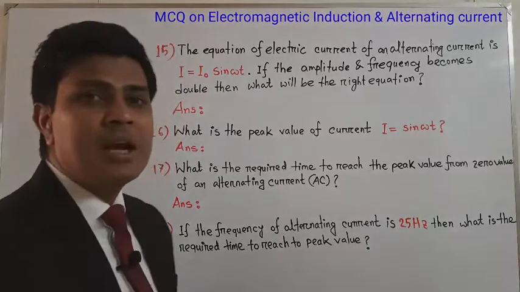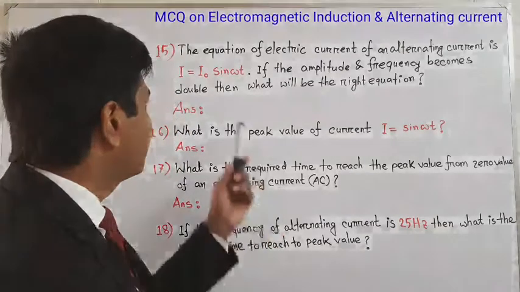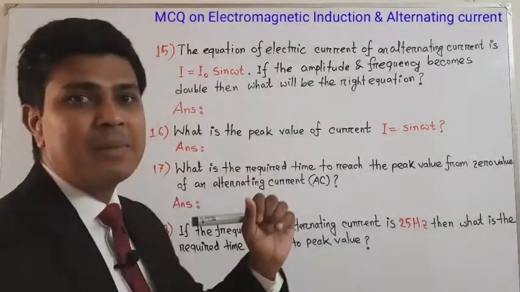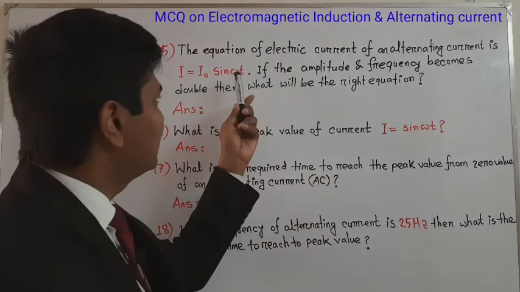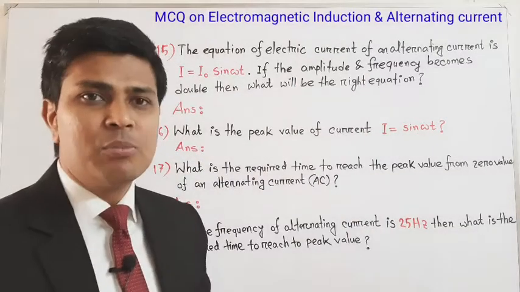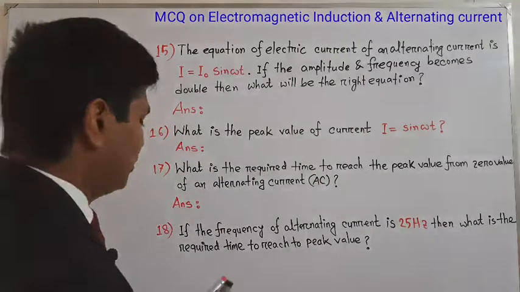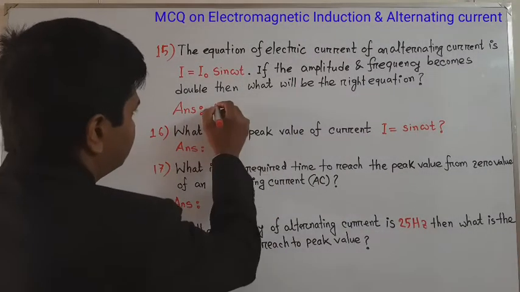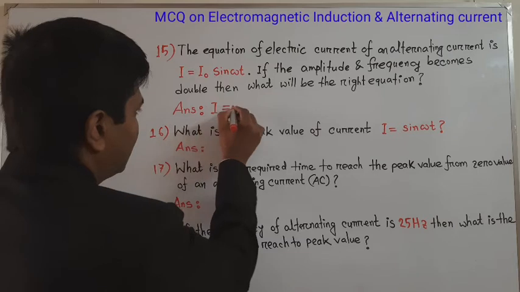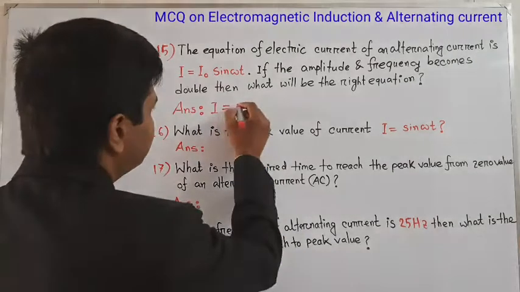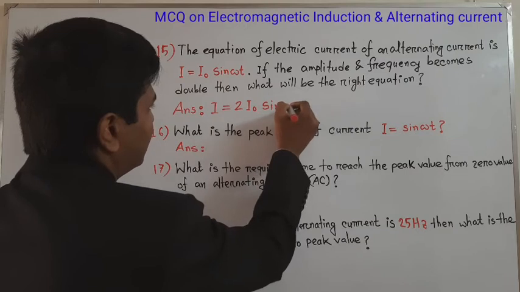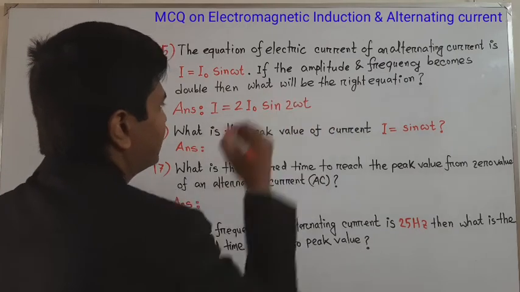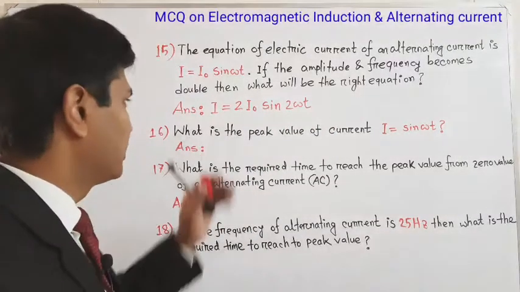Amplitude is represented here by I naught, because I naught is the maximum value of current. If I naught and the frequency omega are doubled, then the equation will be I equals 2 I naught into sine 2 omega into t. This is the new equation.